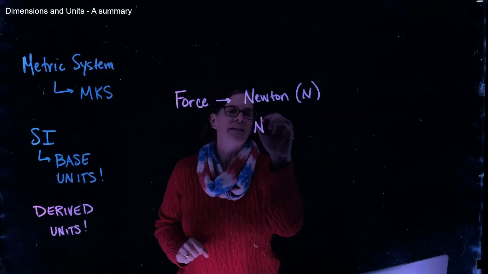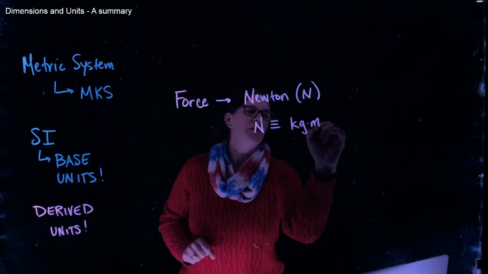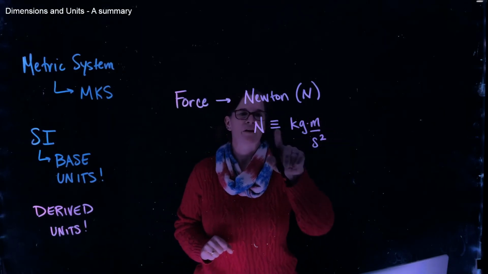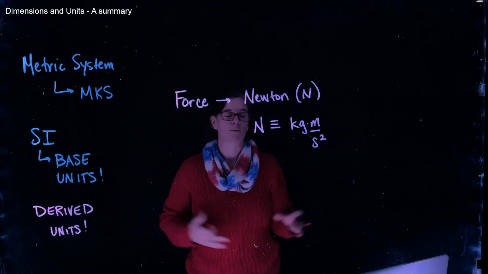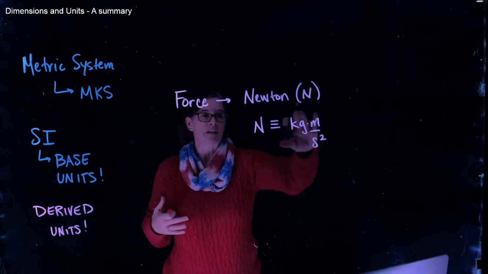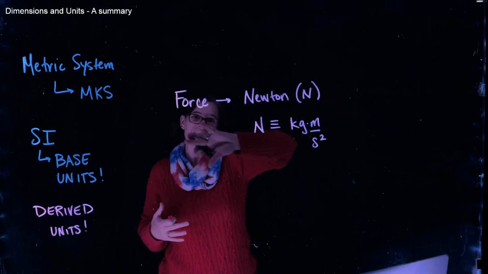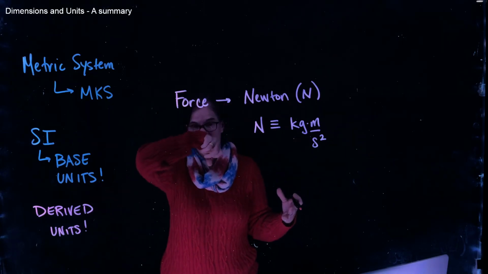A Newton is the equivalent of a kilogram times meter per second squared. I use this 3-line equation to talk about the equivalence in terms of units. So we have our base units foundational in that unit that describes a physical quantity, the force.